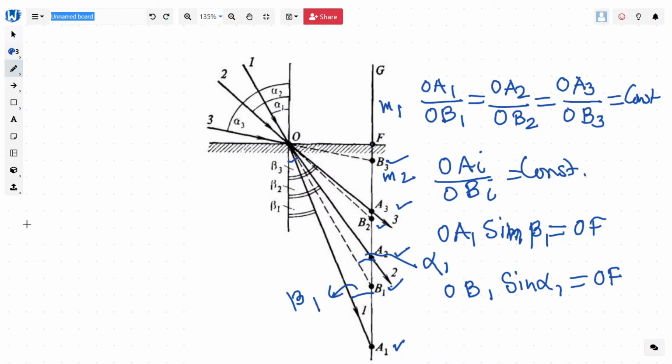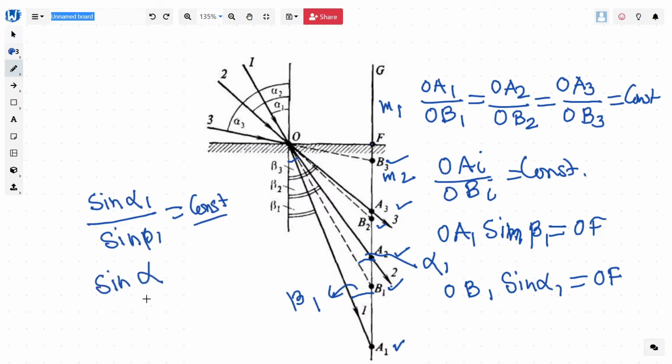Now if we take the ratio, we basically can see that sine alpha 1 by sine beta 1 is equal to a constant, or in a general form we can say that sine alpha by sine beta is constant.